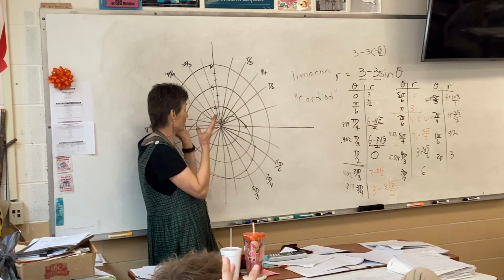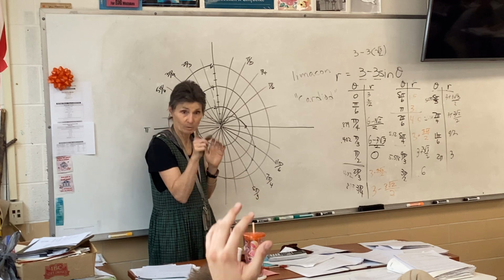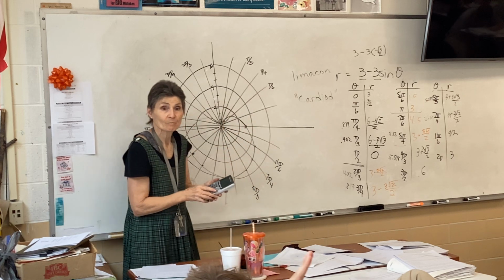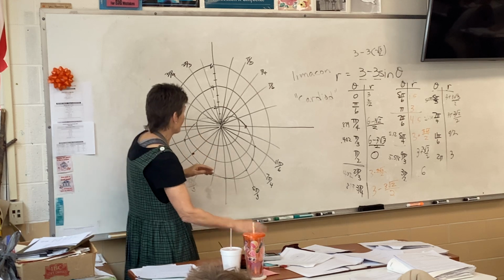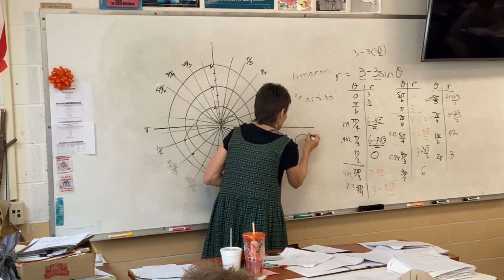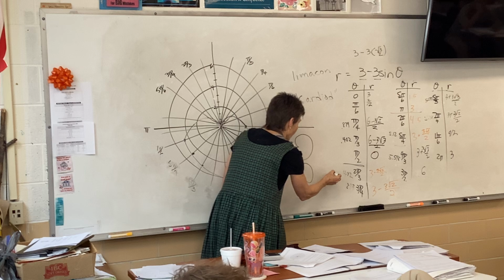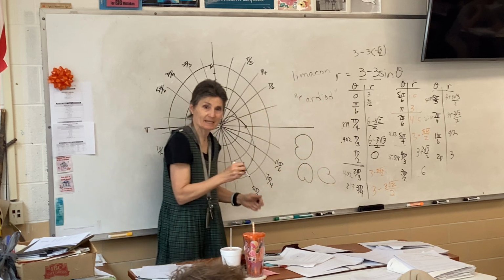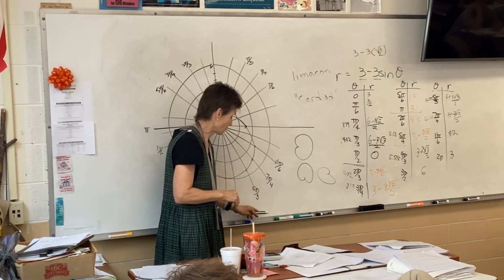But for now, there you go, your very first polar graph, okay? It could be like literally any angle. Yep. Ours are all going to be either a heart like this, a heart like this, a heart like this, or a heart like this. So ours are not going to be 45-degree slanted. They're going to be on an axis.